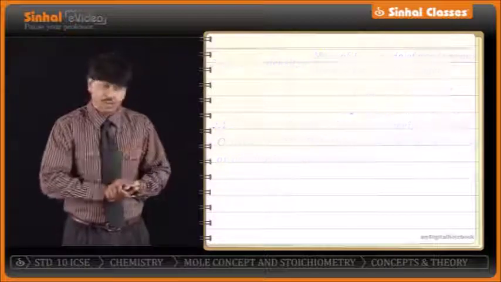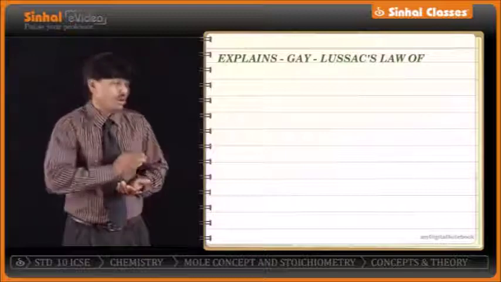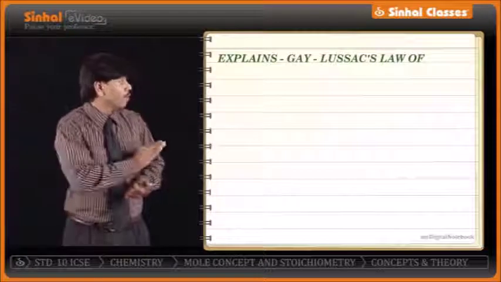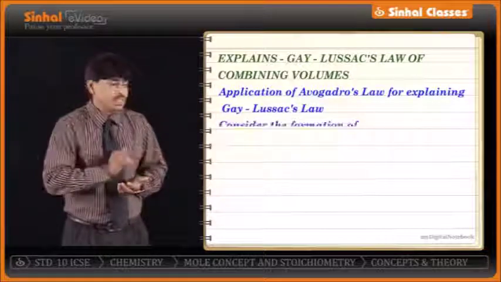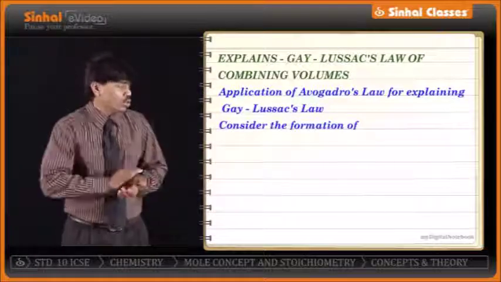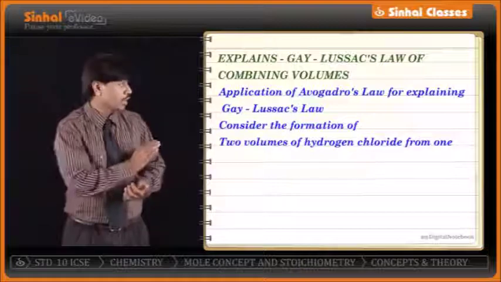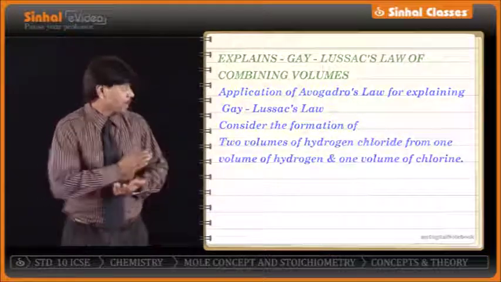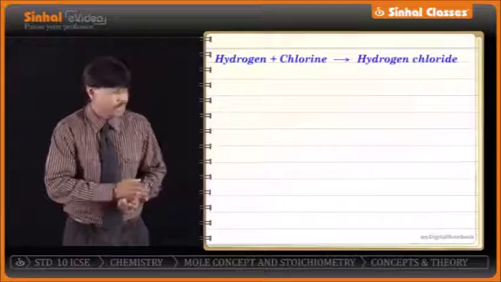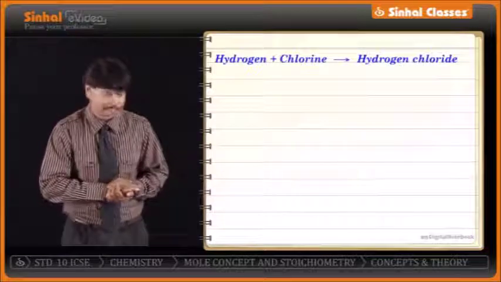Now let's see the explanation of Gay-Lussac's law of combining volumes on the basis of Avogadro's law. Consider the formation of two volumes of hydrogen chloride from one volume of hydrogen and one volume of chlorine. Hydrogen plus chlorine giving you hydrogen chloride.